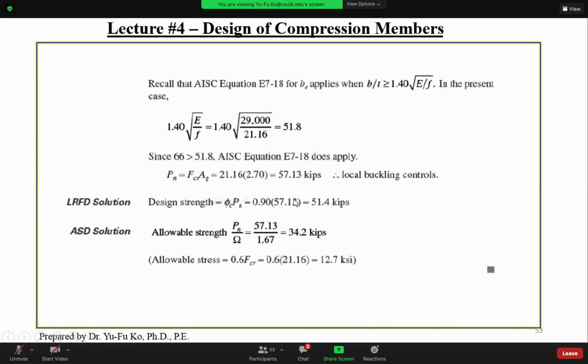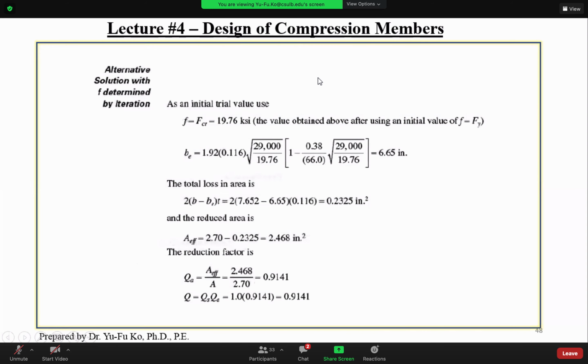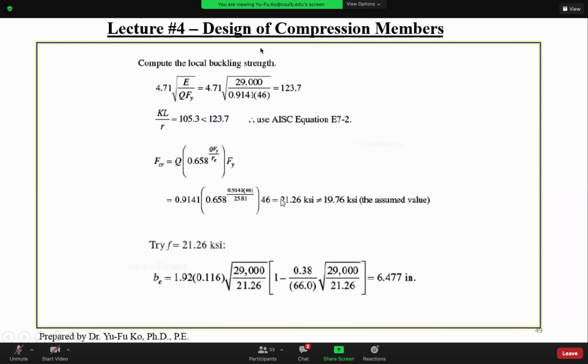So any questions regarding the iteration approach? It is similar to the one we just did for assuming F equal to Fy. But now for iteration, you just assume the number for F and then see if they are converged.